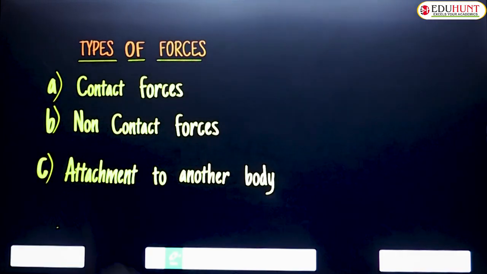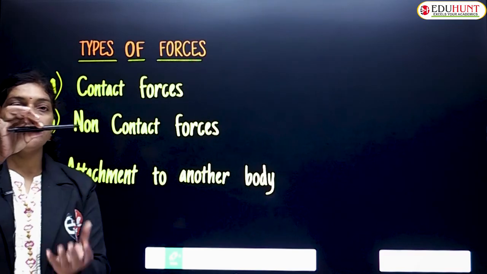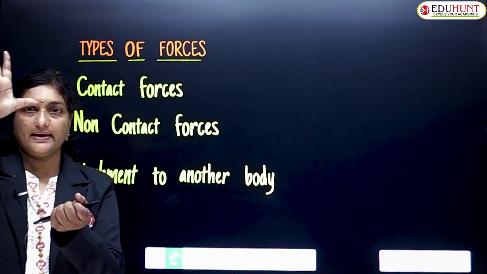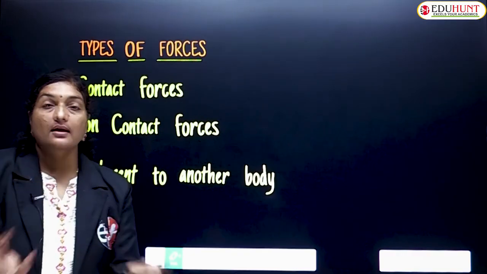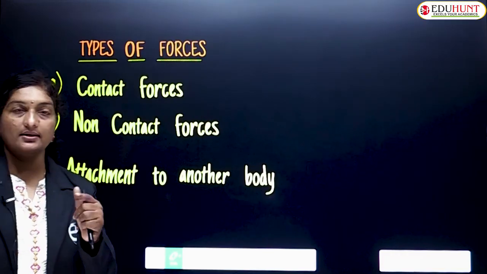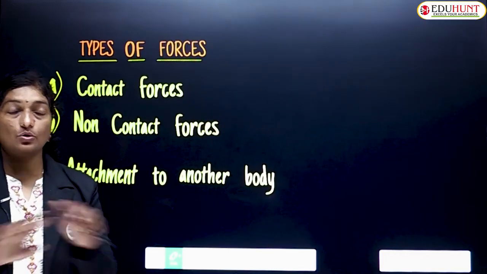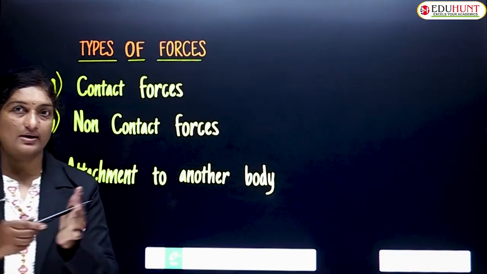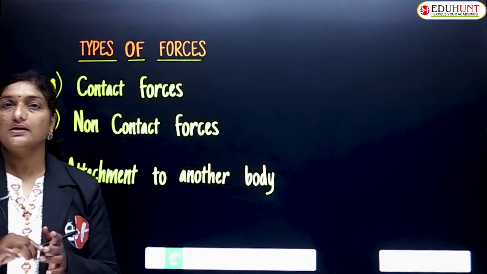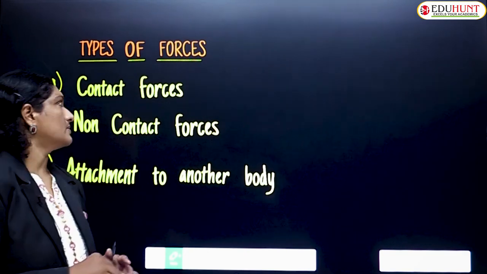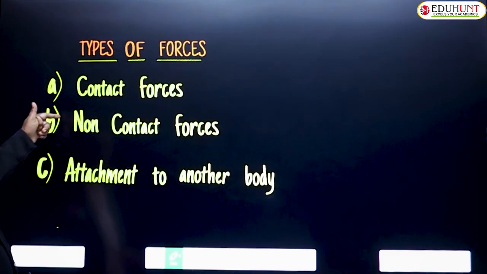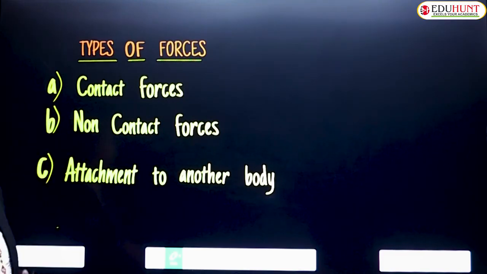Suppose you consider a pen, and the pen is simply released without any application of force, then there will be acceleration due to gravity acting on the body, and there is no direct contact of this acceleration due to gravity on the object. So this type of force is a non-contact force. So two types of forces will come into play. One is a contact force, the other is non-contact forces.